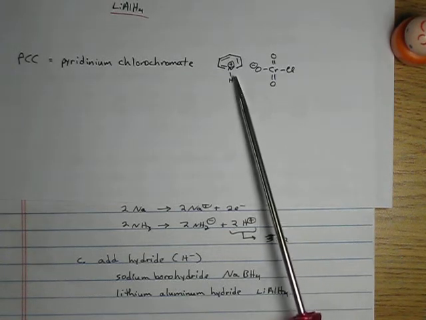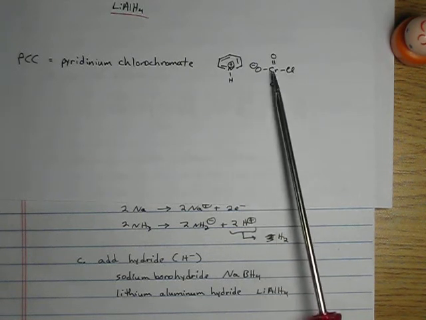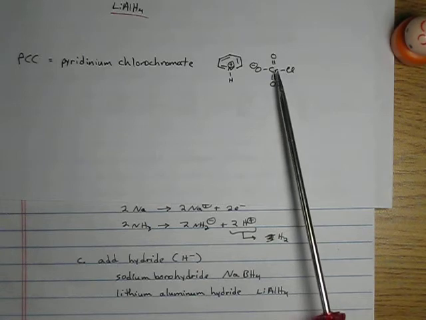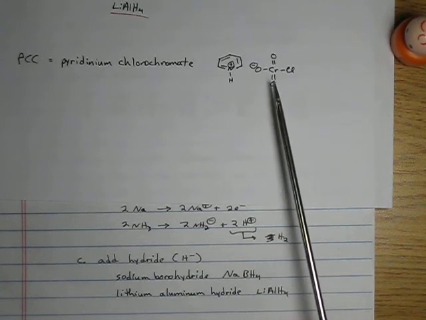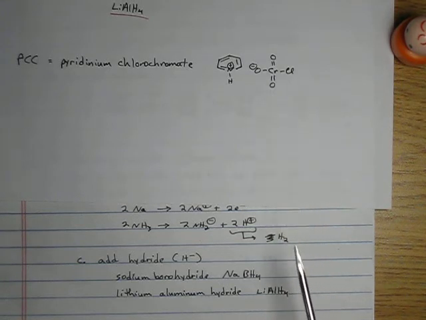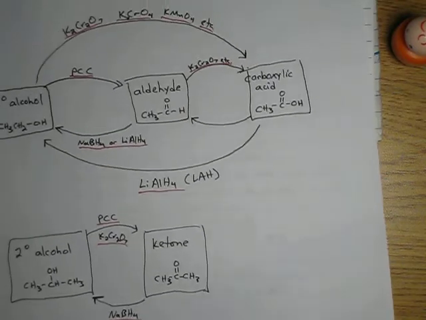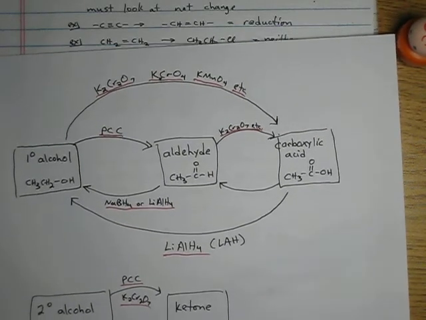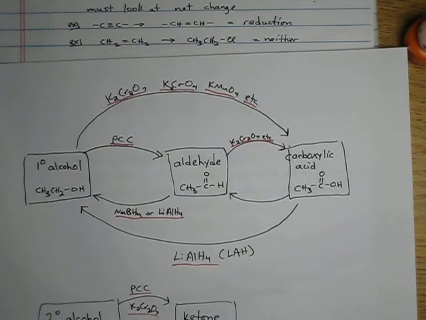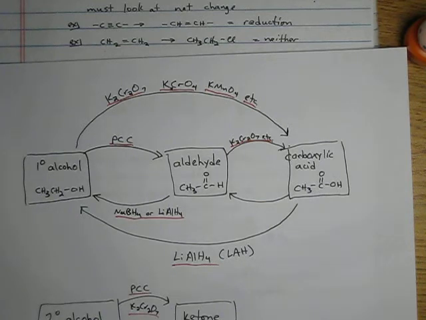A pyridine, which is like a benzene ring, only there's a nitrogen in it, adds a hydrogen, makes it positively charged. And this is like chromate, but chromate is CrO4 minus. We've added a Cl there, took away one of the oxygens, so it's pyridinium chlorochromate. But everyone just calls it PCC. It is a milder oxidizing agent and will get the job done. Anything stronger than PCC will take the primary alcohol to the carboxylic acid.